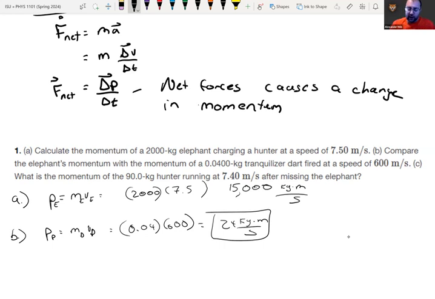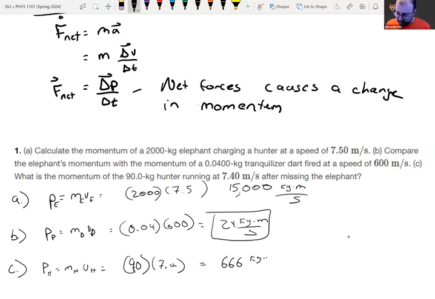Okay. So C is the momentum of the hunter, which would just be the mass of the hunter times the velocity of the hunter, which would be 90 times 7.4. That would be 9 times 74, which would be 630 plus 36, which is 666 kilogram meters per second.